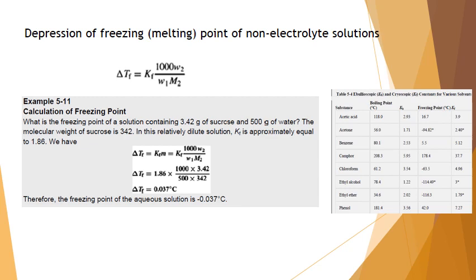Now, as an example for the calculation of the freezing point, the question is, what is the freezing point of a solution containing 3.42 grams of sucrose and 500 grams of water? The molecular weight of sucrose is 342 grams per mole.